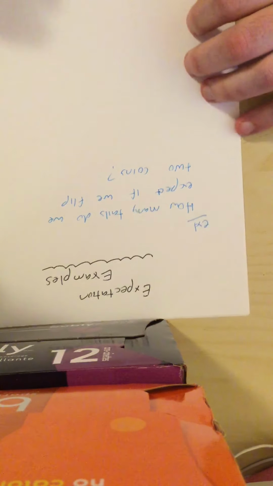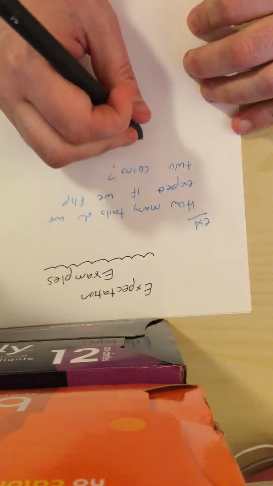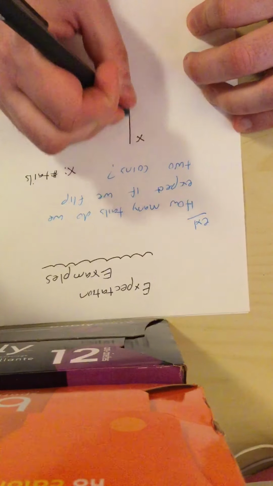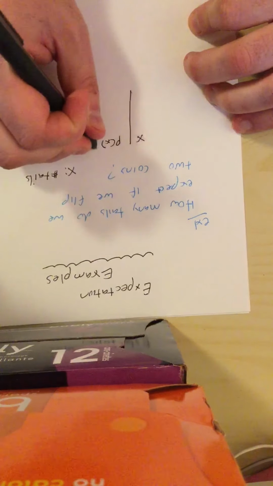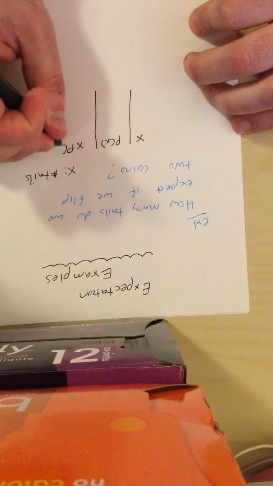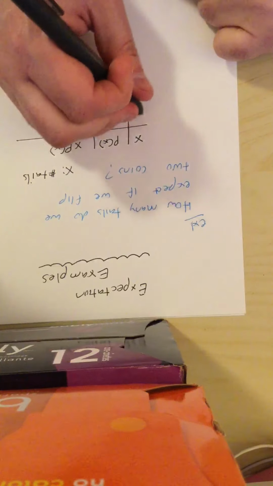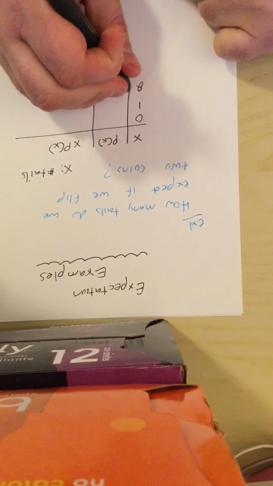So how many tails do we expect if we flip 2 coins? So x is going to be the number of tails, and we're going to make an xpx chart. So if we flip 2 coins, we could get 0, 1, or 2 tails.